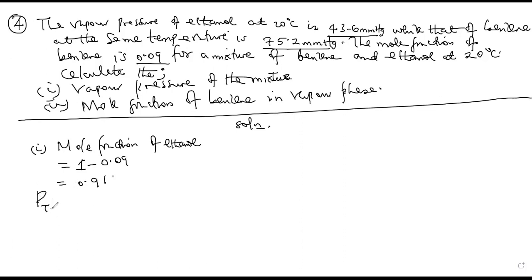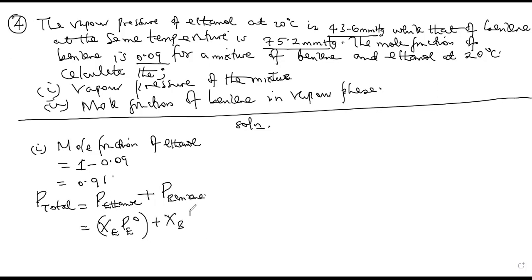But they need vapor pressure of the mixture. So they need P total is equal to partial pressure of ethanol plus partial pressure of benzene. For ethanol, it is mole fraction of ethanol times vapor pressure of ethanol in its pure state, plus the mole fraction of benzene times the vapor pressure of benzene in its pure state.